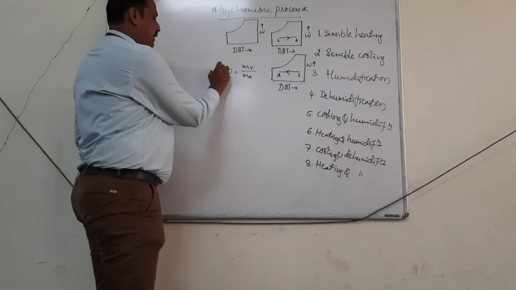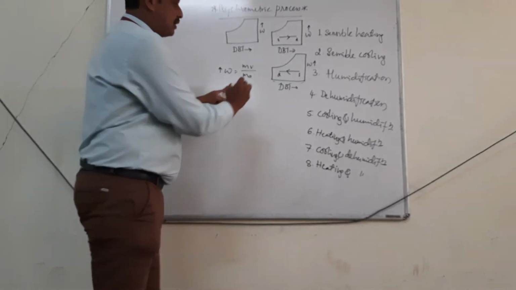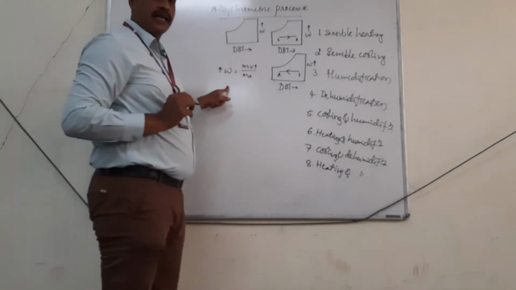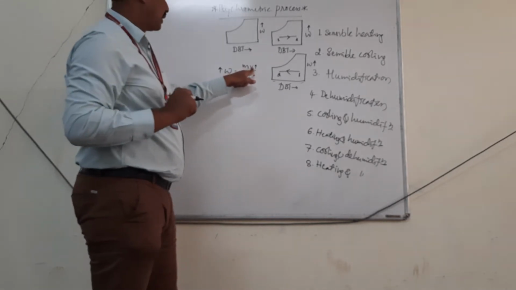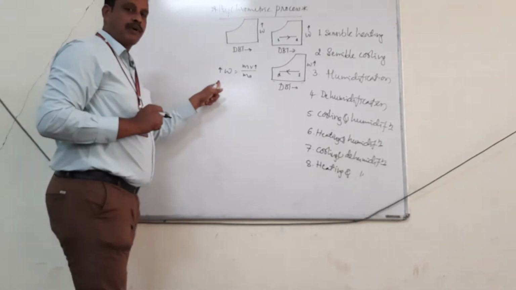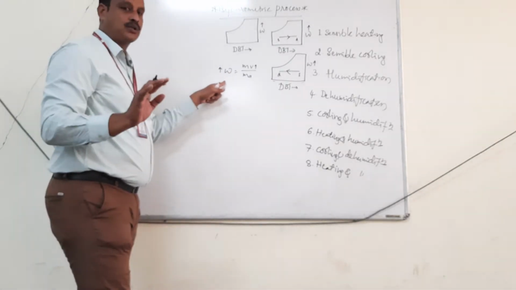When this omega increases, the specific humidity increases. When your moisture content increases, when this mass of water vapor increases, water vapor is nothing but moisture content, your W, that is omega, specific humidity or humidity ratio, increases.